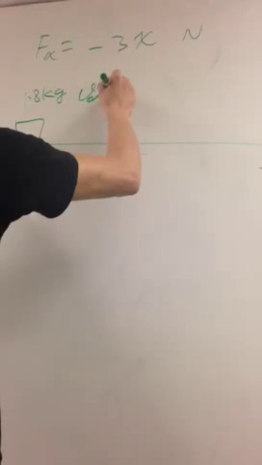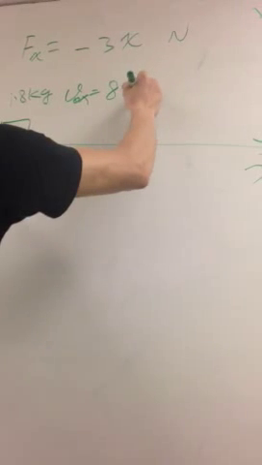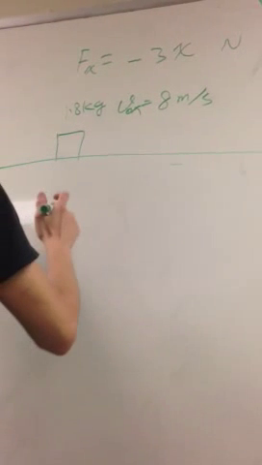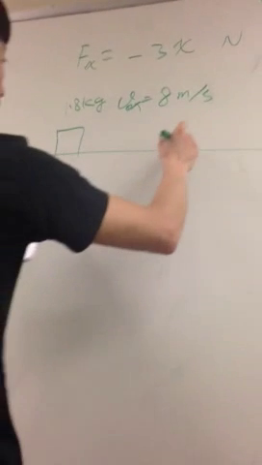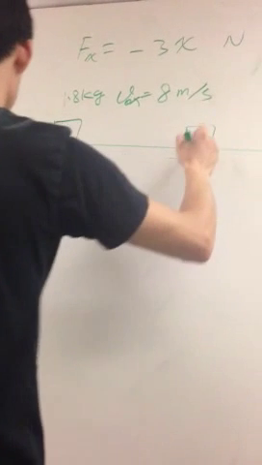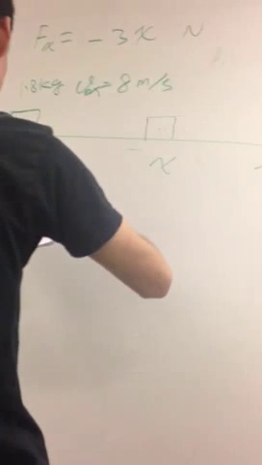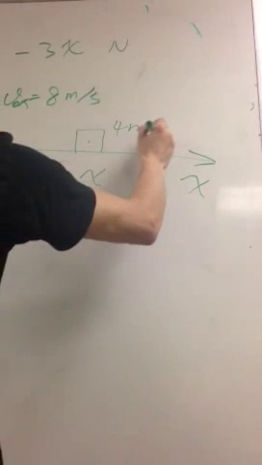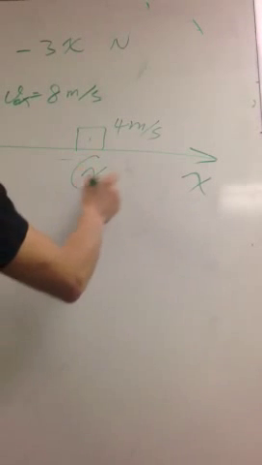The initial velocity is 8 meters per second. So at what value of x will the body have a velocity of 4 meters per second? So you need to calculate this x.